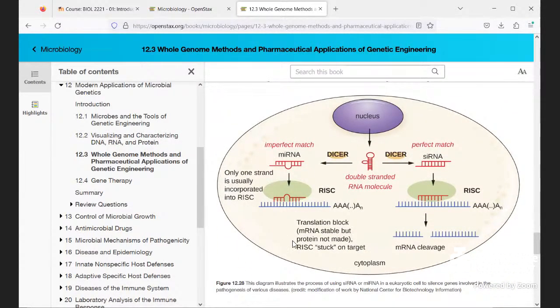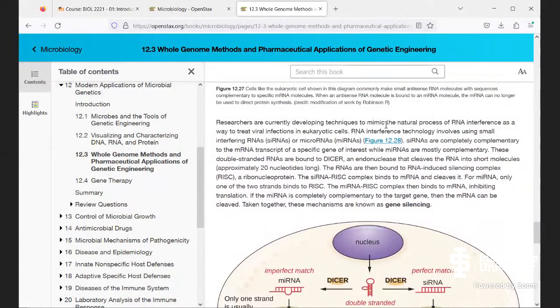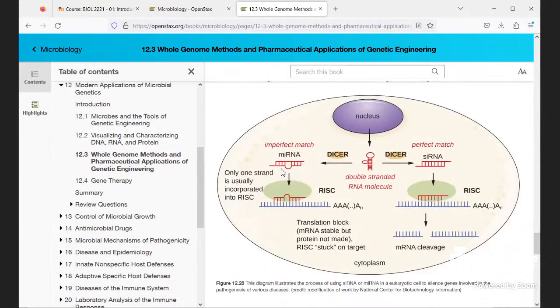This next bit shows some different potentials with some RNA that can interact, some of these mimicking natural processes. So small interfering RNAs or microRNAs interact slightly differently, but with a similar idea: to take that messenger RNA out of commission.